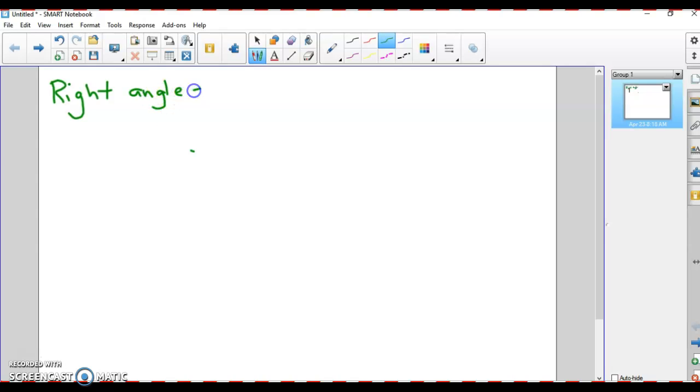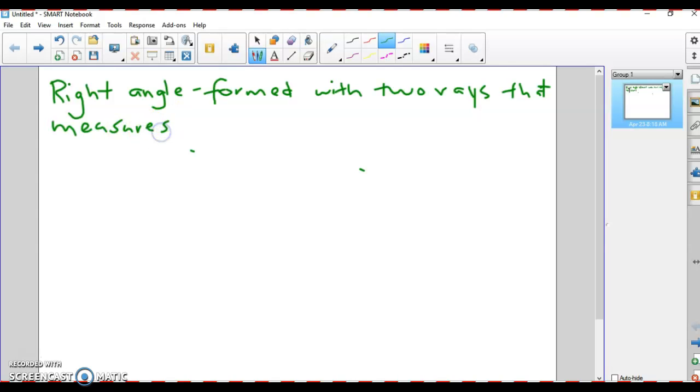And a right angle is formed with two rays that measures 90 degrees. 90 degrees meaning that's how a protractor would measure that angle.